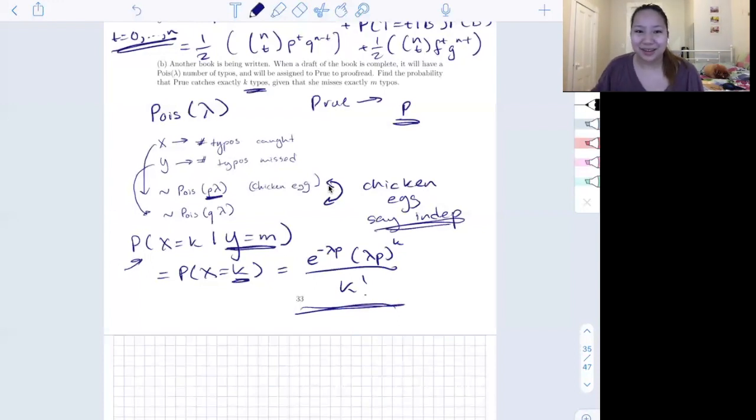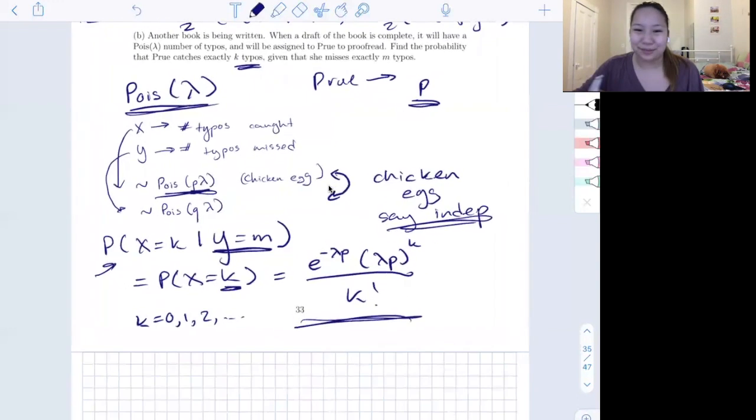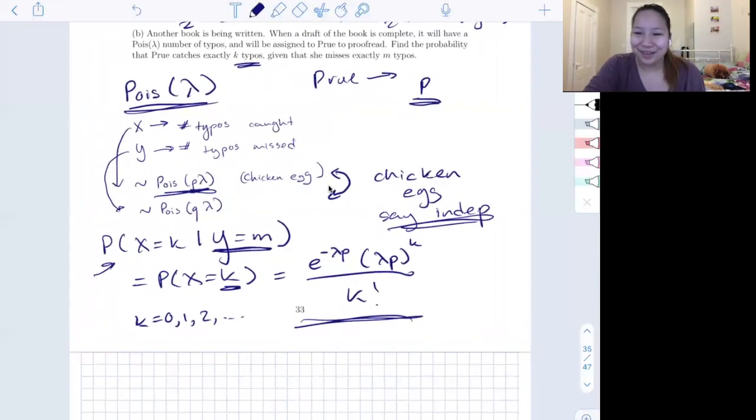Poisson lambda's support is 0 to infinity, just the natural numbers. Same for Poisson P lambda. So our K can be 0, 1, 2, dot, dot, dot, to infinity. And that's problem 2 on the 2017 midterm. Hope to see you guys on problem 3.